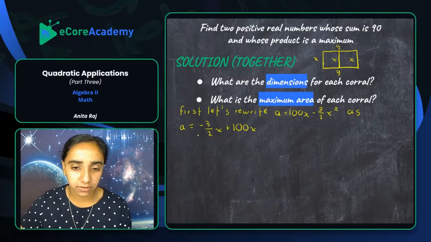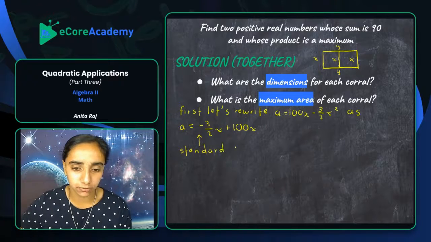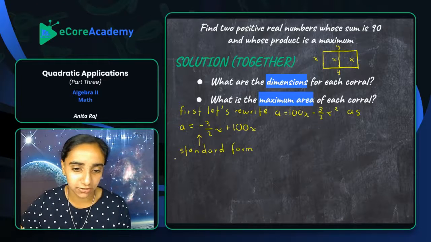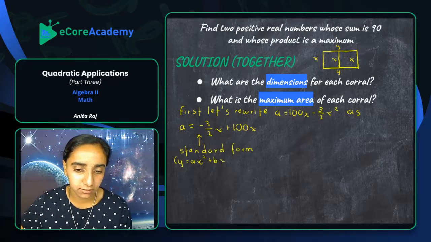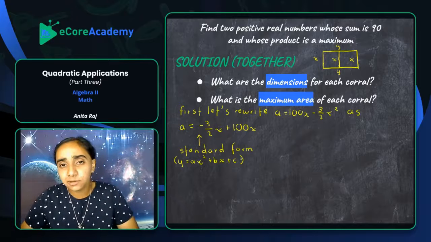If you look at this, it should remind you of standard form. I know it's not perfect standard form, but it should remind you of it. And for those of you who forgot what standard form of a quadratic is, here you go: y equals ax squared plus bx plus c. I know we don't have all these components, like we don't have c.